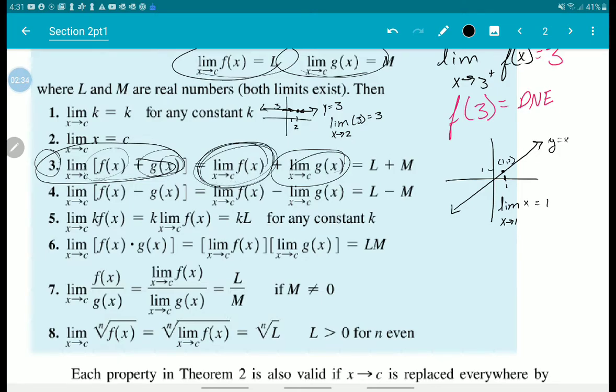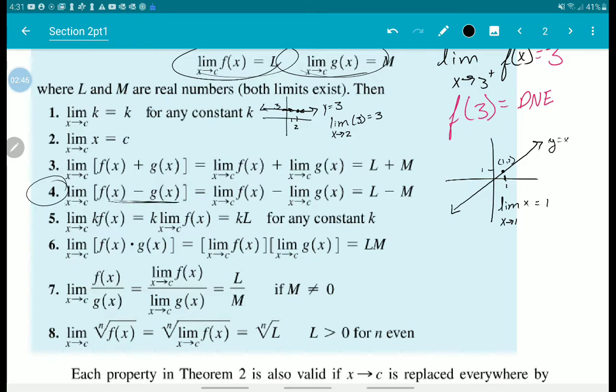The limit as x approaches c of f is L, and the limit as x approaches c of g is m. So we could just add those two limits together. Same thing works with subtraction. The limit of the difference is equal to the difference of the limits. So we would just subtract those two numbers.